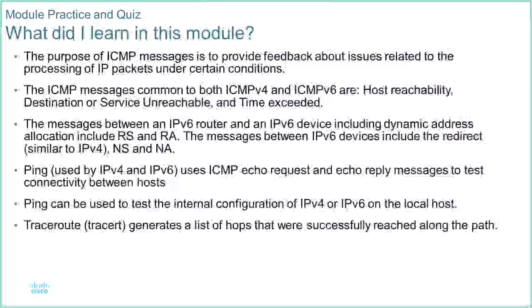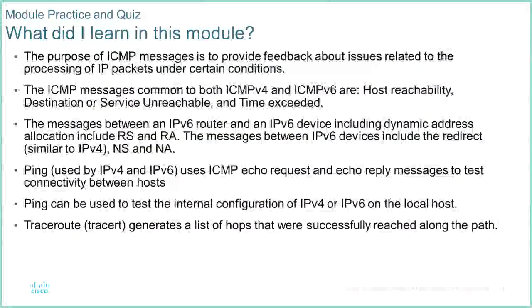Now, we had a look at ICMP v4 and v6, which basically give us the same messages, but they use different terms between the protocols. In the v6 environment, it uses the RS and RA, the router and neighbor advertisement and solicitation messages, to help deliver and maintain communication through the network.